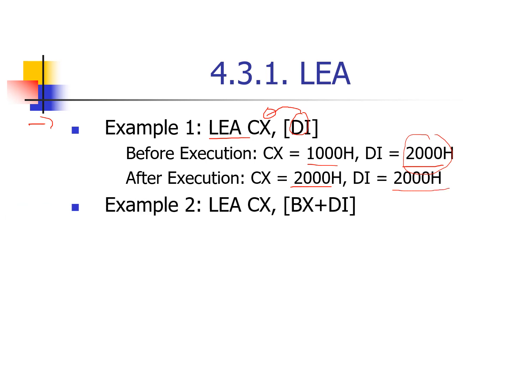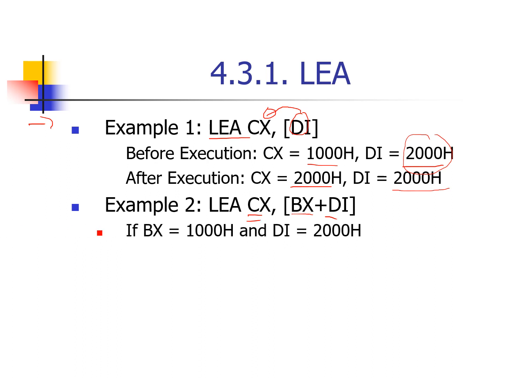Another example. Now your CX is going to be loaded with the value inside BX plus the value inside your DI, not the data pointed to by BX plus DI.